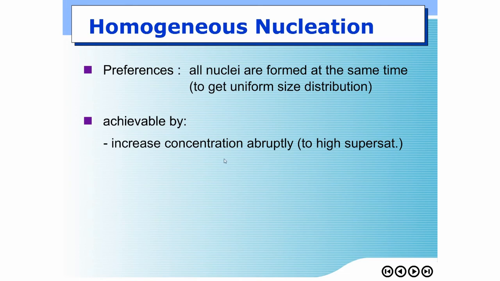Okay? How can we increase the concentration of growth species abruptly? Basically, you need to initiate the reaction as fast as possible, right? So think about this. If you have gold chloride solution in a beaker, and we can reduce gold using some kind of citric acid.